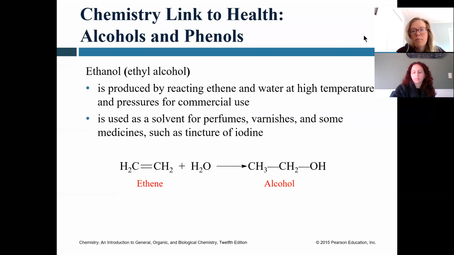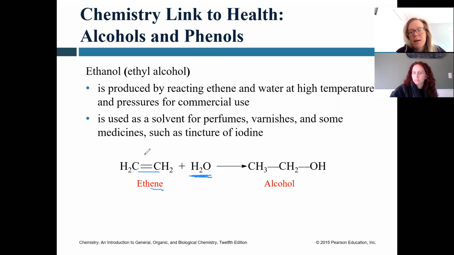So how can you get alcohols? One way that you can get an alcohol is you take some sort of alkene, so ENE, which means that it has a double bond, and you hydrate it, not hydrogenate it, hydrate it, which means you add water.